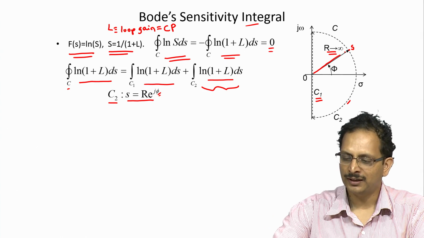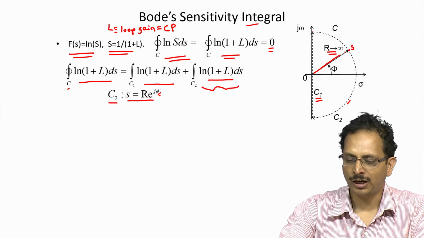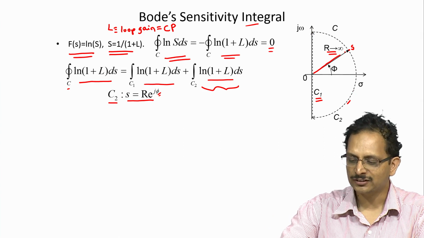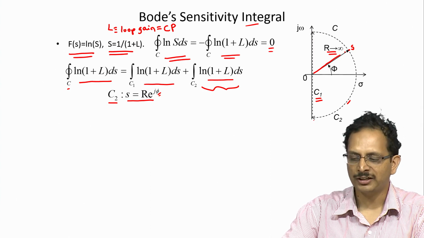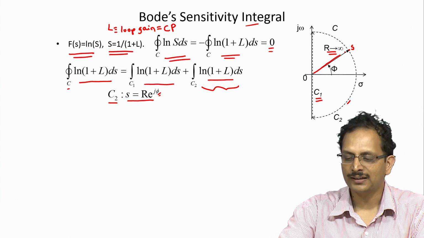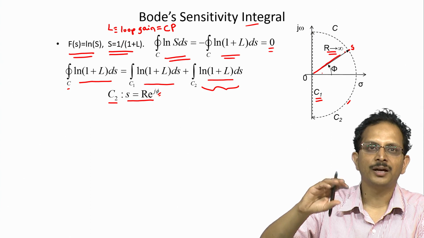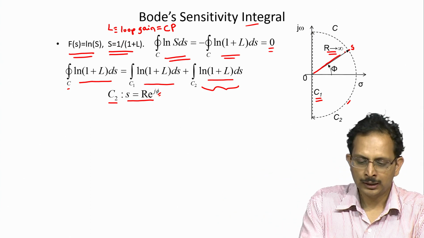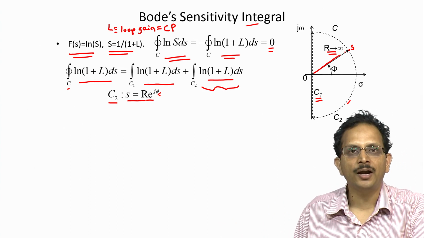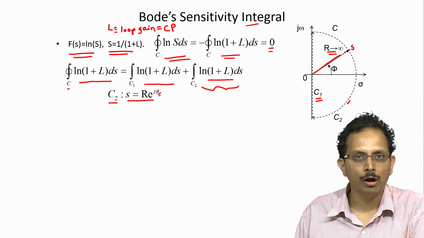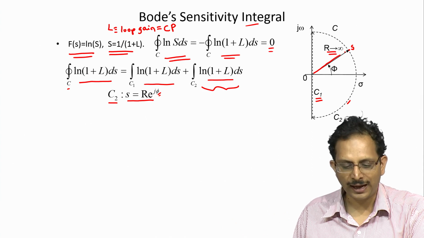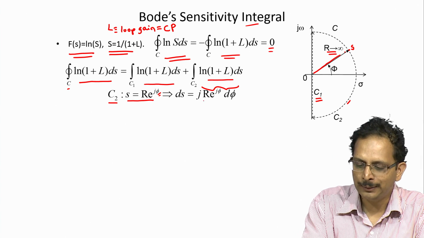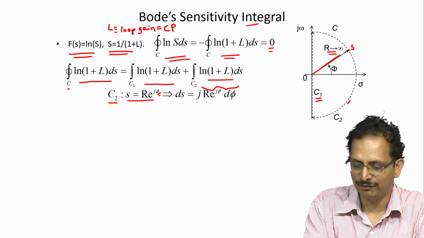In particular, if the D shaped contour starts somewhere near the positive imaginary axis and ends somewhere on the negative imaginary axis, we would note that the angle phi would change from a value of plus pi by 2 to minus pi by 2. Now, since s is given by R e power j phi along the contour C2, we would have that the term ds is going to be given by j times R e power j phi d phi.